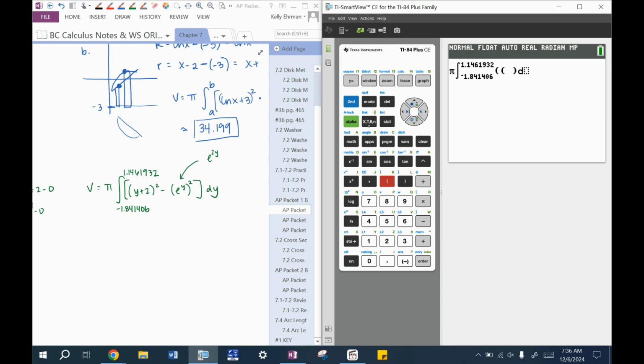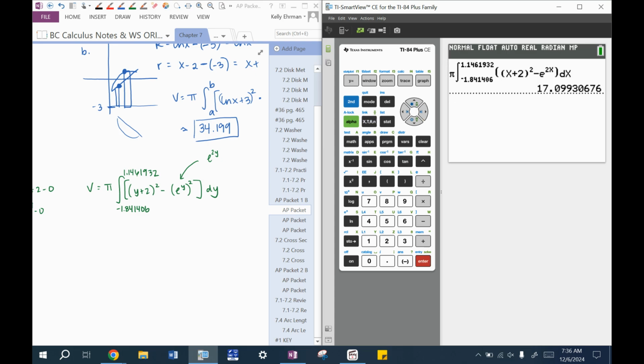And then parentheses, we have to write x, so x plus 2 squared minus e to the 2x. Instead of me writing e to the x in parentheses squared, I'm just going to do that.